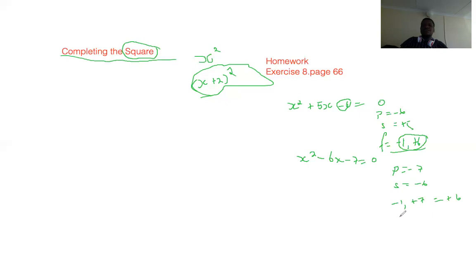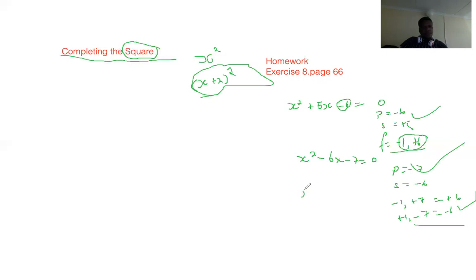So this one is not really what I want to do. Let's see another one. So this one you can find factors, so the method of factorization works.